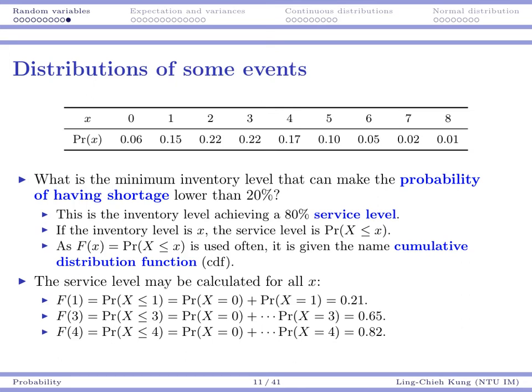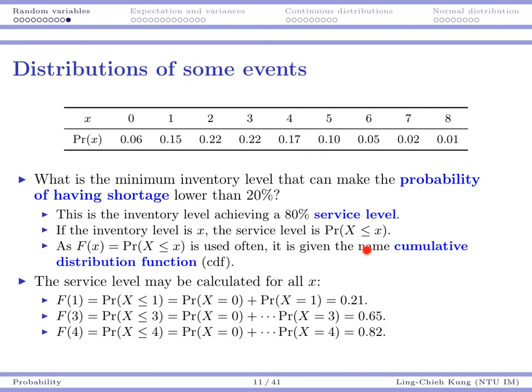I need to ask myself, given any inventory level, what's my service level? That's certainly the probability for capital X, my demand, to be less than or equal to my inventory level. In that case, there's no shortage and I'm fine.